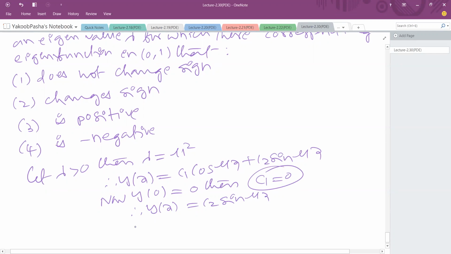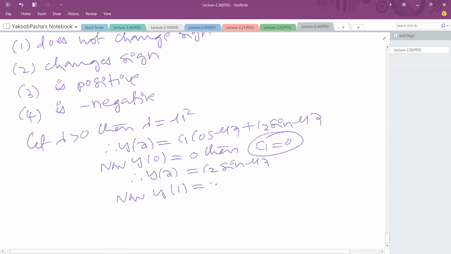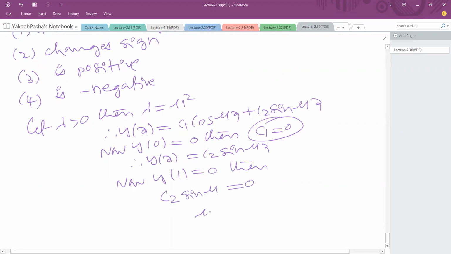Now apply the second boundary condition, y of 1 is equal to 0, which gives c2 sin mu is equal to 0, so mu is equal to n pi for n is equal to 1, 2, 3, etc.